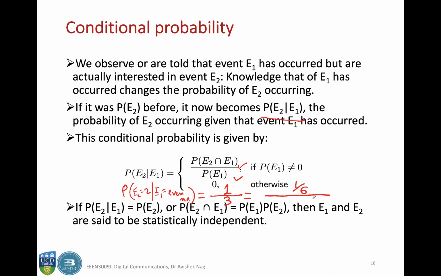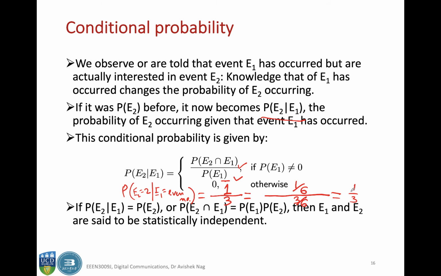Together, only one possibility is there, so that probability is 1 over 6. And what will be the denominator? Probability of E1, so probability of an even number occurring in the die throwing experiment. There are total 3 possibilities out of 6, so this denominator P(E1) is 3 over 6, and then this will give you 1 over 3 as well.